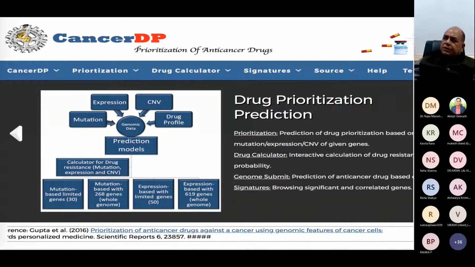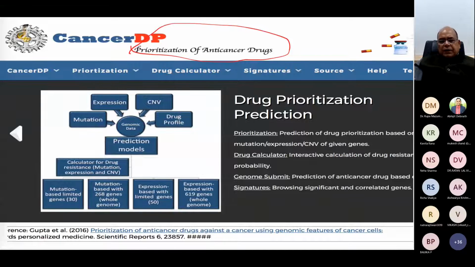If you give the genomic profile or expression or whatever, then it will predict, or prioritize, or rank the existing cancer drugs, that is, which drug will suit best to this particular patient. Okay, so that's why we call it prioritization of anti-cancer drugs based on the genomic profile of the patient. Okay, so that's the title of this paper: prioritization of anti-cancer drugs against a cancer using genomic features of cancer.